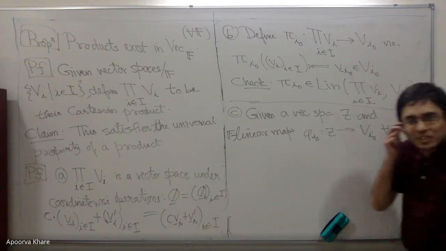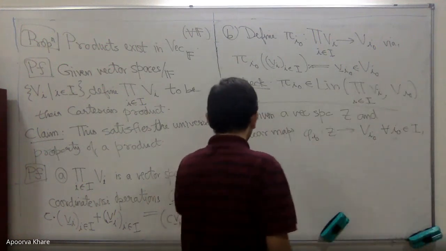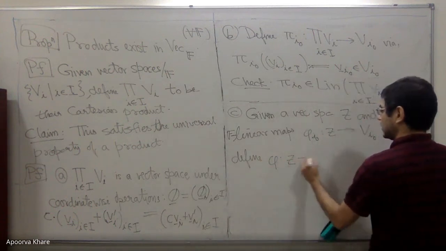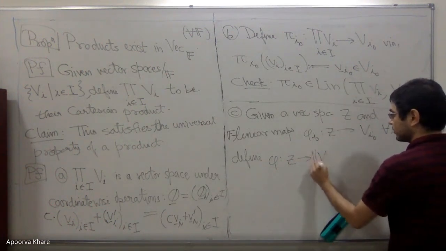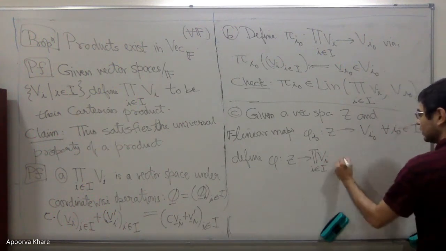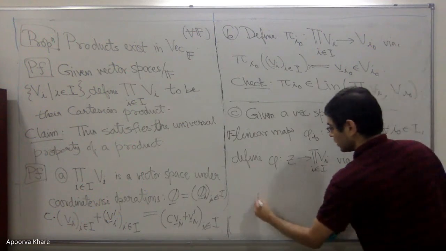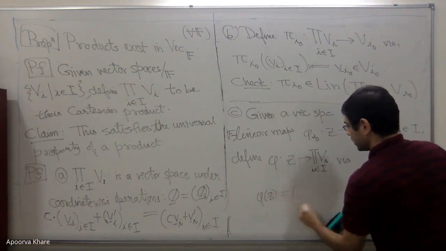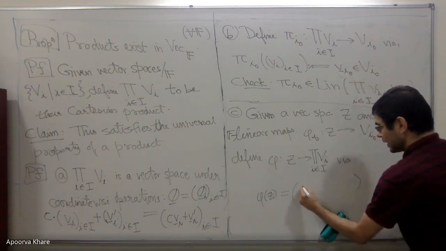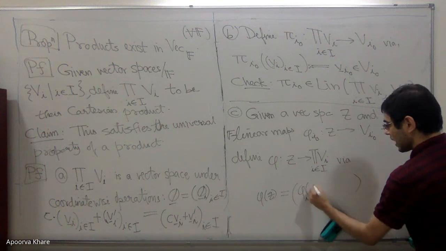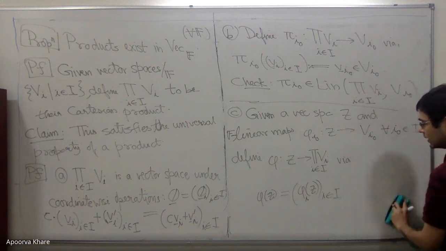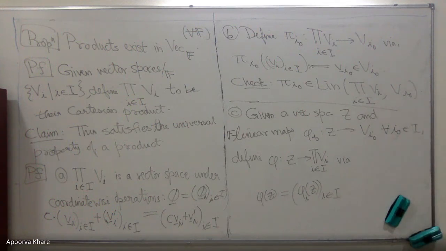Again, you can check what the unique map is going to be. That's obvious again. Define φ from Z to V, so to the product of the V_i, in the obvious only possible way. The coordinate eventually has to be this coordinate. So therefore, whatever this is has to be literally φ_i of Z, i in I. And that is fine.